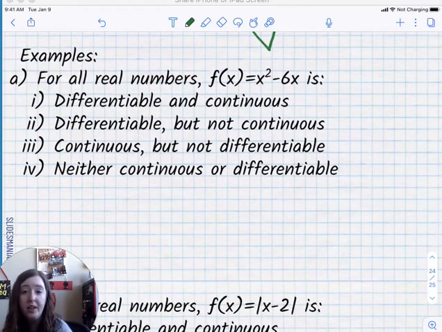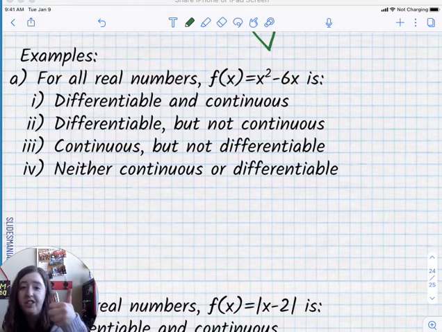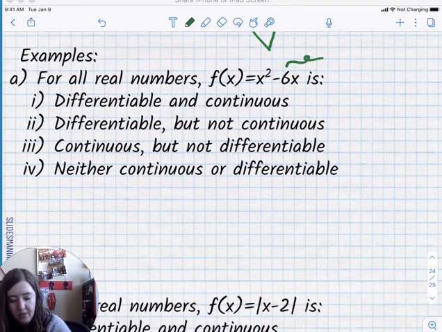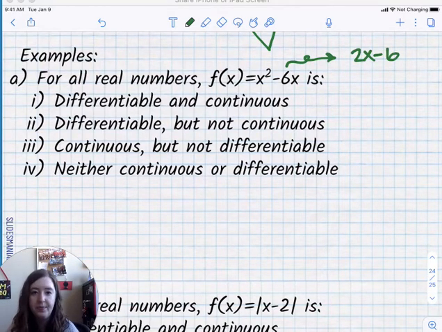So for all real numbers, x squared minus 6x, is that differentiable but not continuous, continuous but not differentiable, or neither continuous nor differentiable? Now, first of all, we can find a derivative of this. The derivative is going to be 2x minus 6.